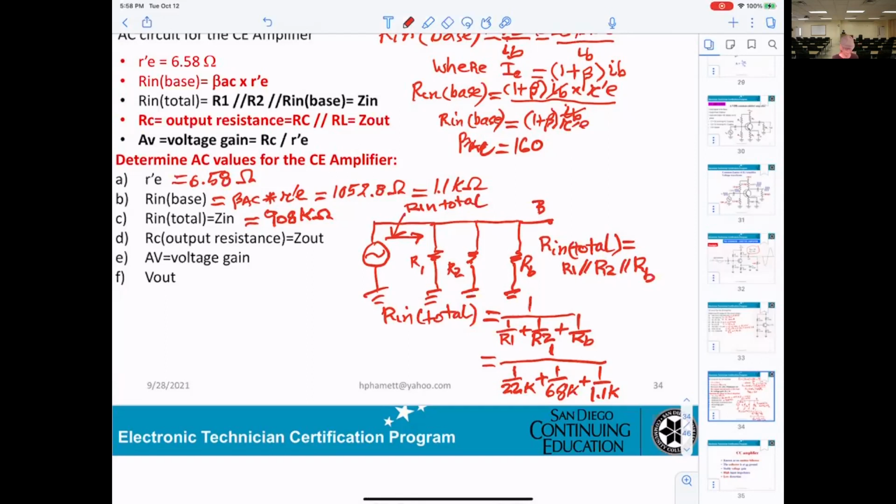Mr. Pham, is that 0.908 kilo ohm? Yes, it's 908 ohms. It shouldn't be 908K because it's smaller than the smallest resistor, which is only 1100. So it's 908 ohms, not kilo. Okay, ohm. Thank you.